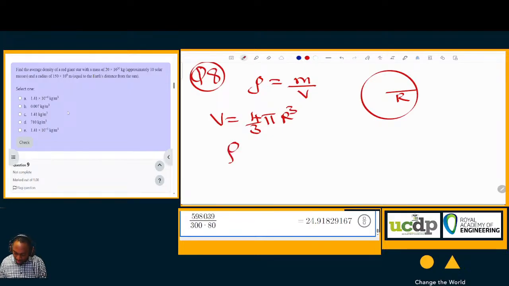So to get the density, it will be the mass over 4 over 3 pi r cubed. So that's how you would obtain the average density of the red giant star. Okay, so this is what I had.